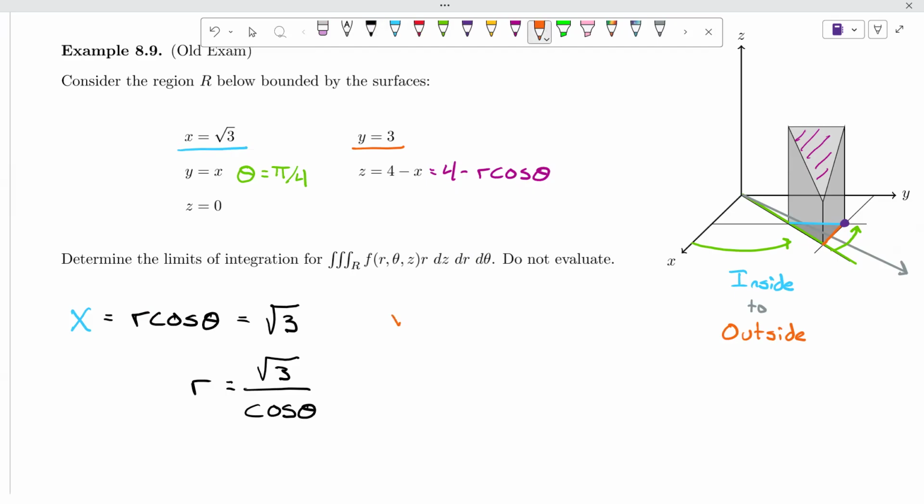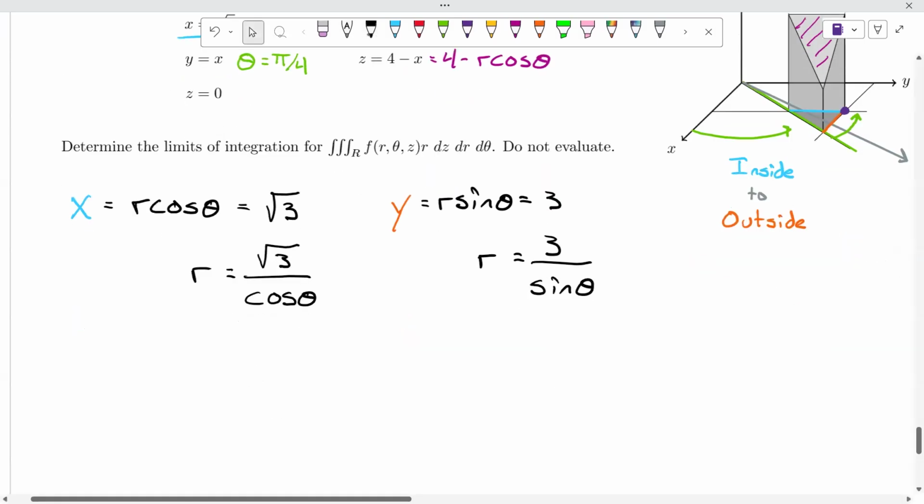For my orange line, I've got y, which I know is r sine theta, and it's equal to 3, which means r is equal to 3 divided by sine theta. So there are my two r limits.